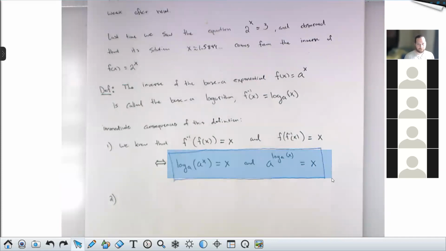Really, this is the way we like to think about logarithms and exponentials interacting when we go to solve equations like this.